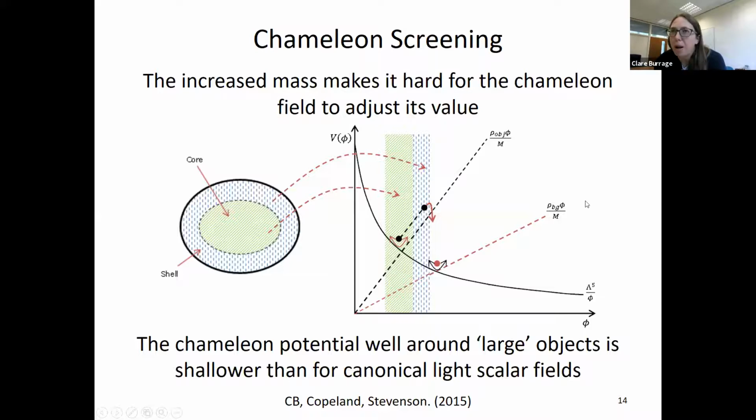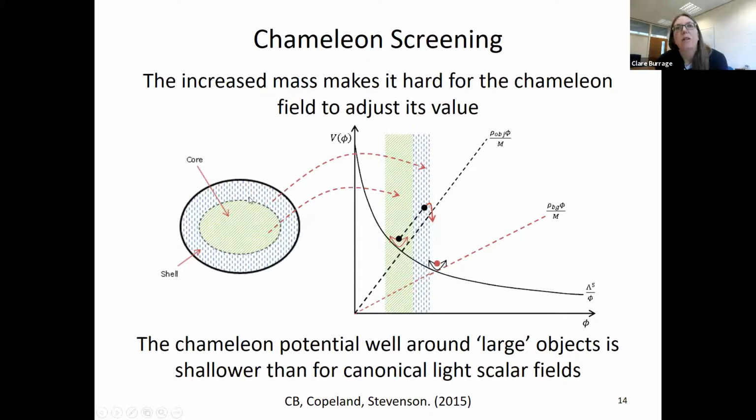Now, if we have some background energy density, the field can't run all the way to infinity. In fact, it gets stopped in some minimum, where the mass of fluctuations around that minimum is relatively light. So if we wanted to solve for how our field is behaving outside the source, we'd solve for fluctuations around this minimum.